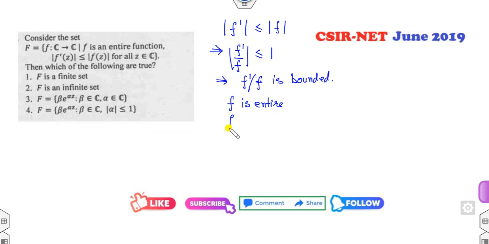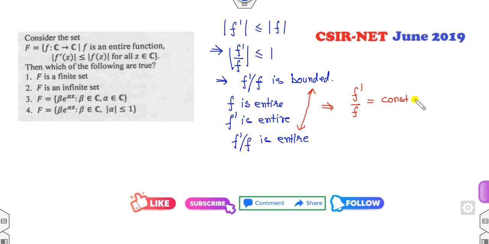If f is entire, f dash is entire. If f dash is entire and f is entire, the ratio of the two entire functions is entire. So what do you conclude from these two cases: f dash over f is bounded, f dash over f is entire. That means f dash over f is a constant function. That means f dash is equal to some constant times f.